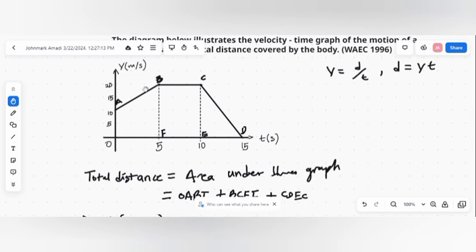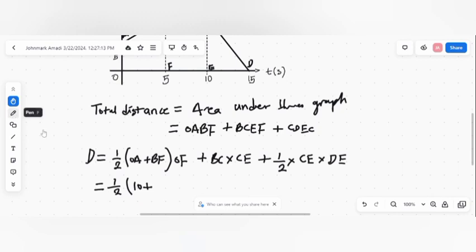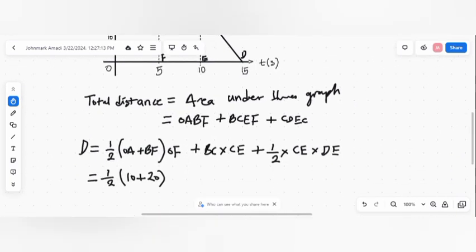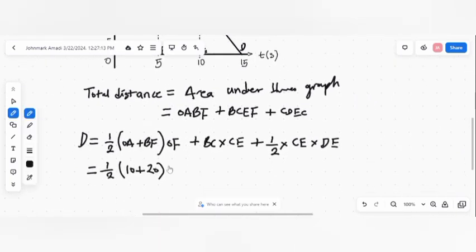BF, if you trace it down, is 20. So we write plus 20. And then OF, which is the height, from O to F, is 5. Okay.